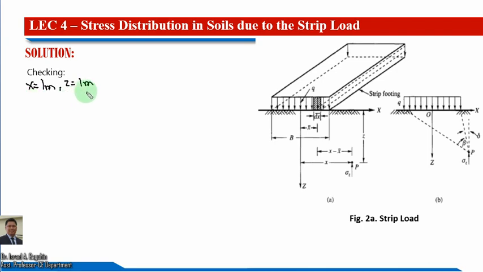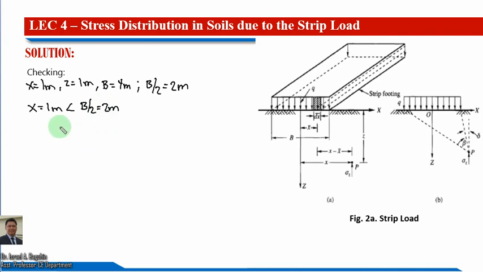Our b is also given, actually b is equal to 4 meters. Therefore, our b over 2 is equal to 2 meters. So x equal to 1 meter is less than our b over 2, which is 2 meters.